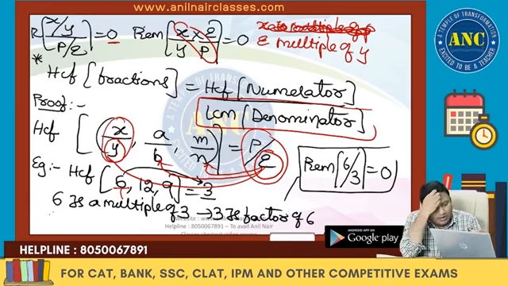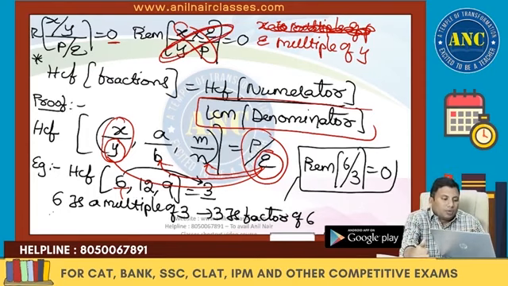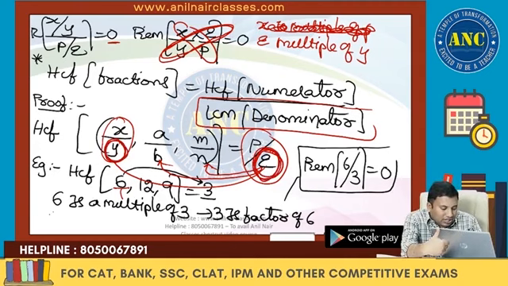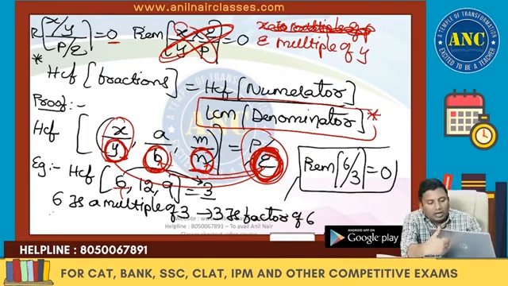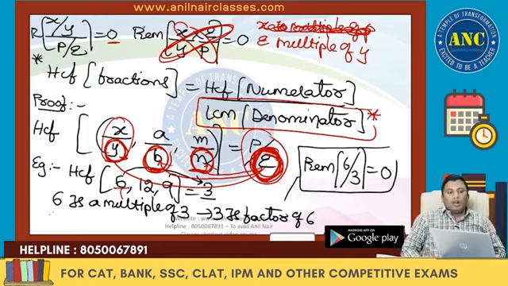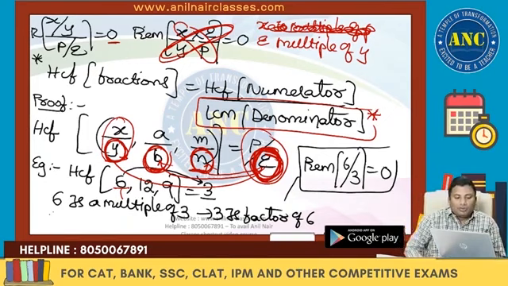That means x by y into q by p is 0, so q should be a multiple of y. Next condition, q is a multiple of b and q is a multiple of n. Q is a multiple of y, b and n. That means the multiple I should take is the LCM of the denominators. Are you all with me? Why should the denominator be LCM? Why can't it be HCF?